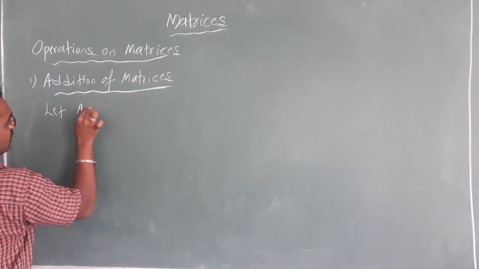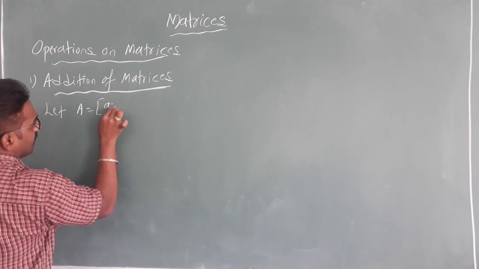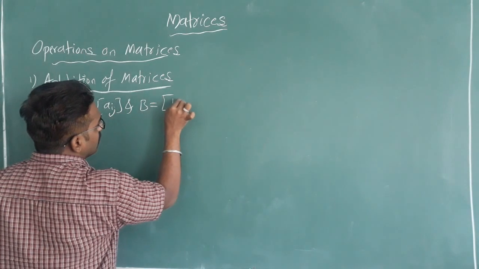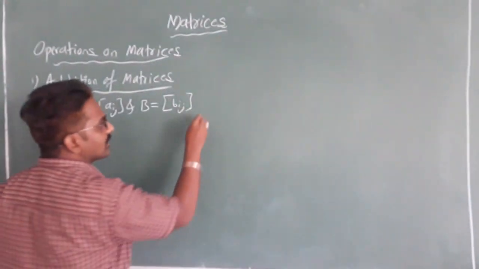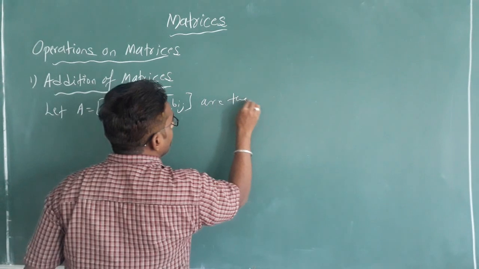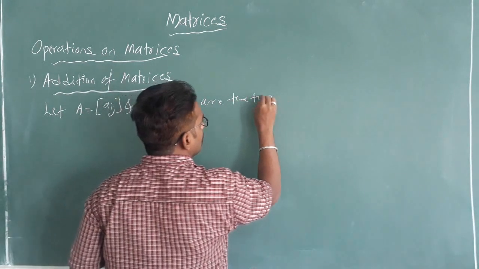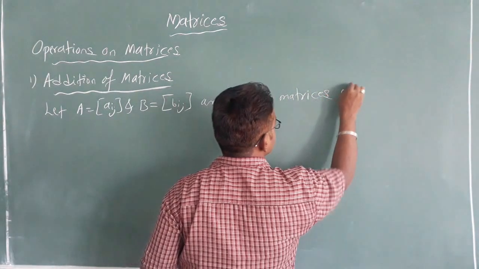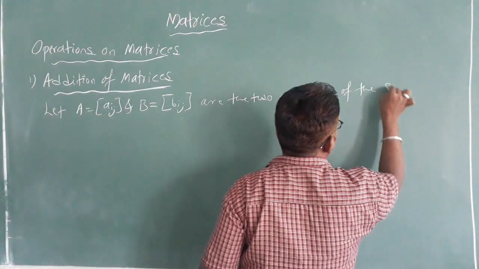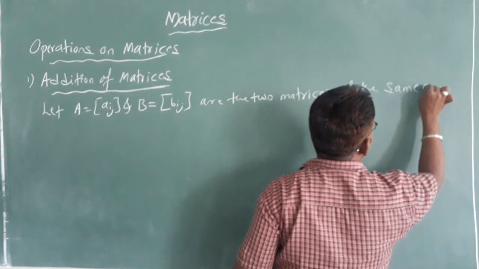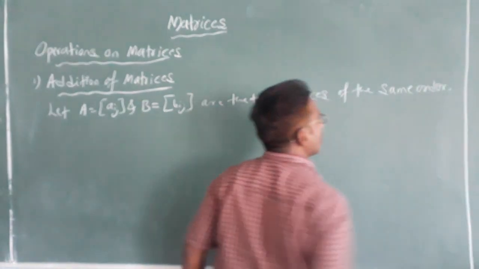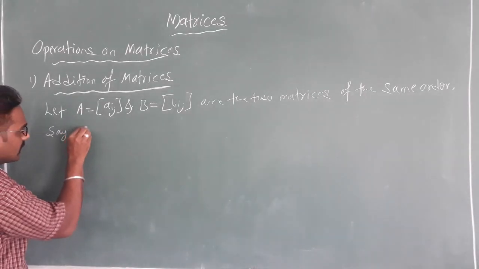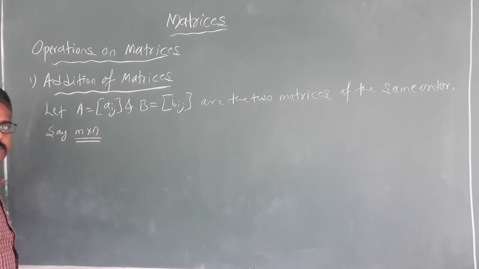Let A equal to Aij and B equal to Bij be two matrices of the same order, say m by n.